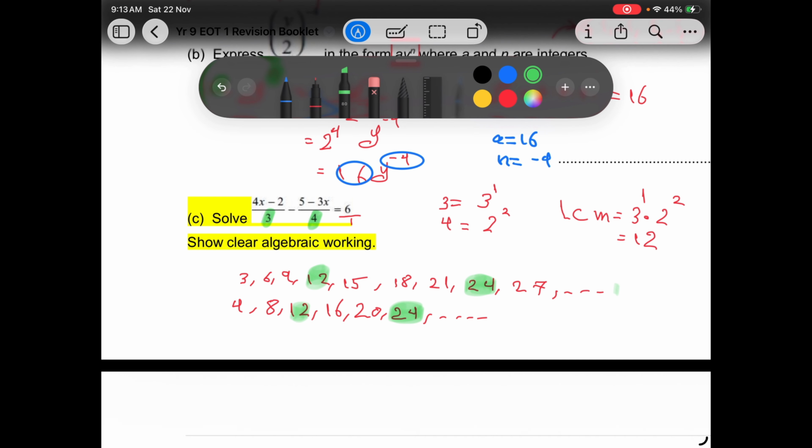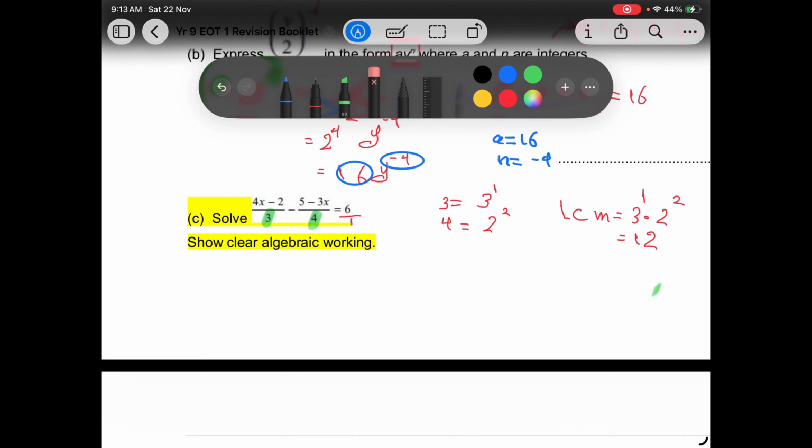Each time this will be repeated forever. So there are infinitely many common multiples of 4 and 3. But what we care about, what serves us here, is the least one. That's why we call it the least common multiple. This least common multiple has magical powers.